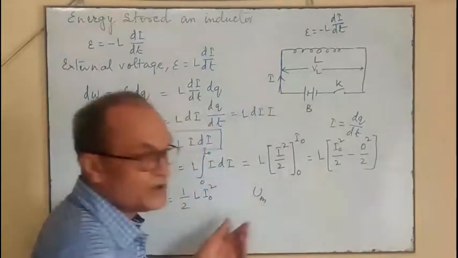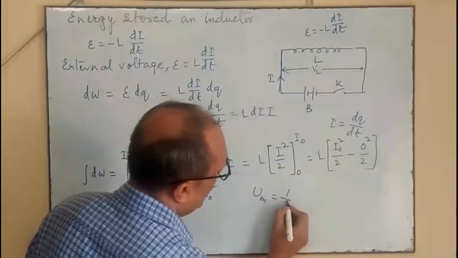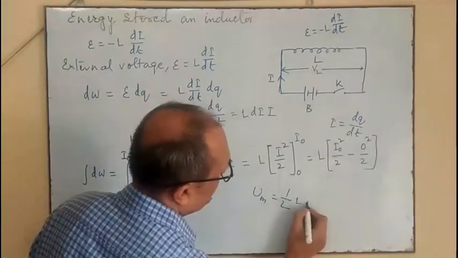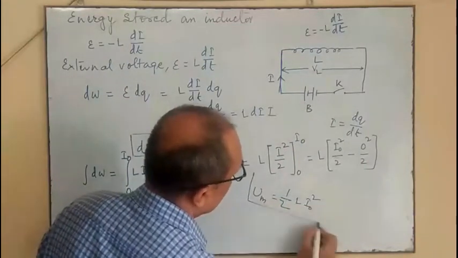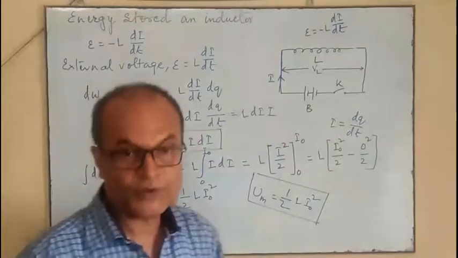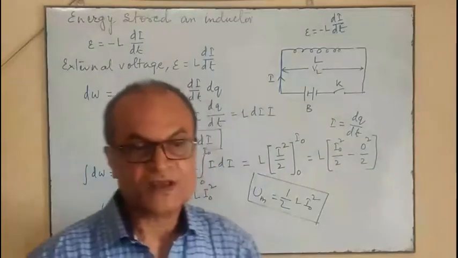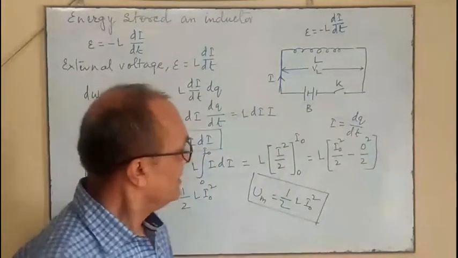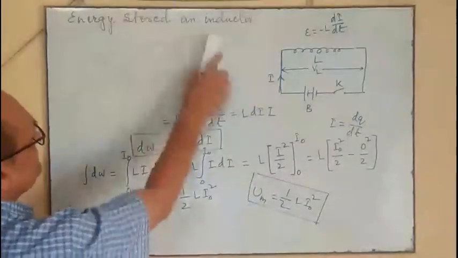So that will be equal to half L I naught square. This is the magnetic energy stored in the inductor. Now we will see some more expressions for this magnetic energy.